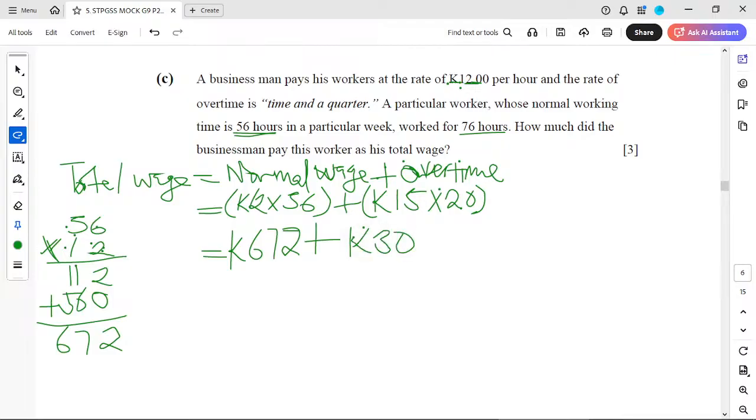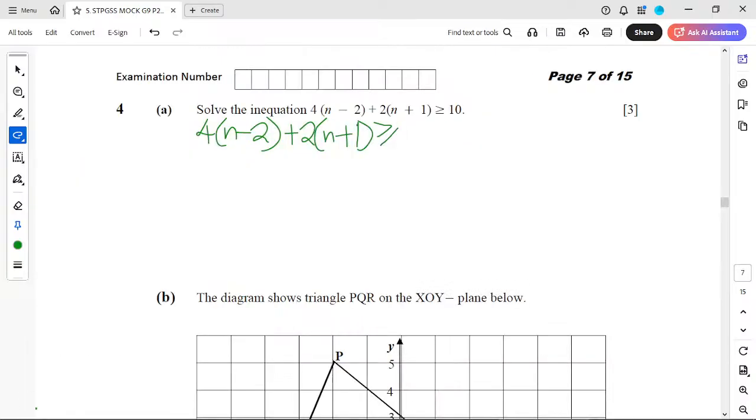Now we remember the 0 we ignored, so it will be 300. So 15 kwacha times 20 gives us 300 kwacha. Then 672 plus 300 gives us 972 kwacha. This is the amount the businessman paid the worker for his 76 hours of work in that particular week.